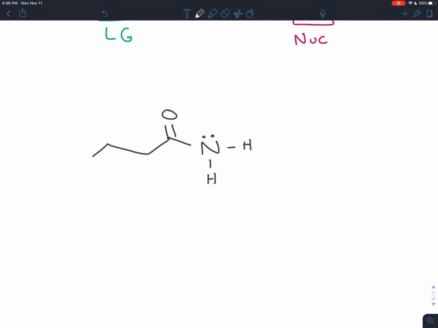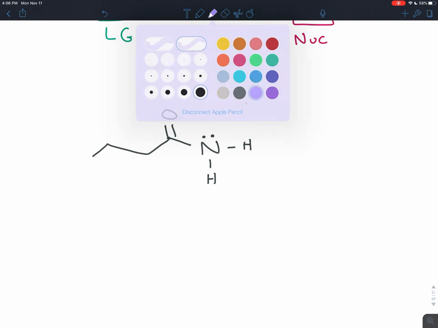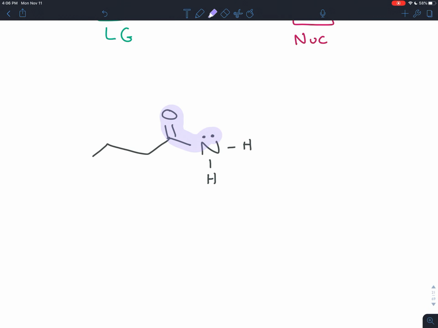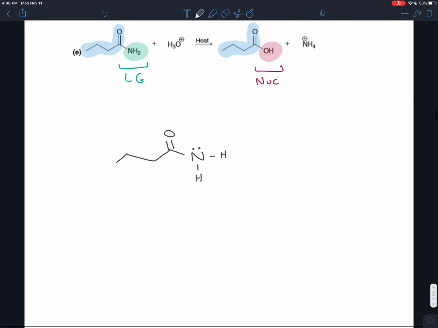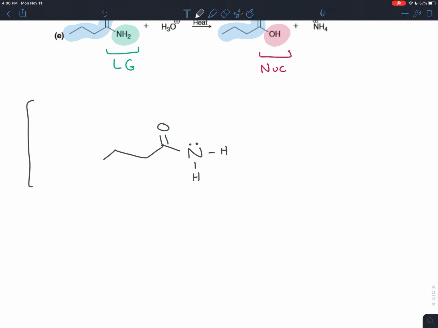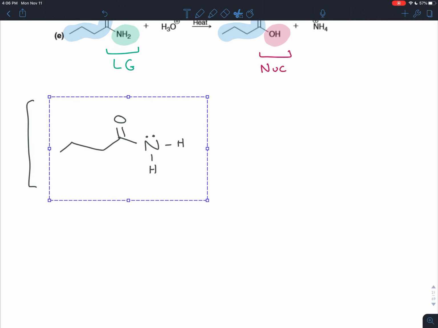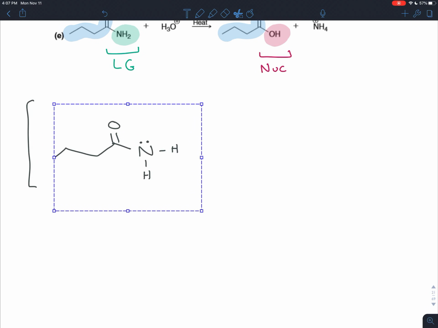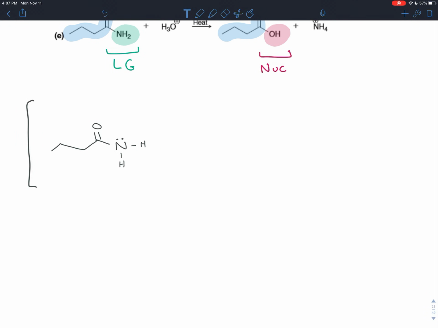So it has a lone pair here, and you'll notice that that lone pair is allylic to the pi bond. And so this is actually just one of the resonance structures that this molecule could exist in. So you could imagine having a sort of bracket where you warn everybody, hey, this structure isn't quite right. The true structure is the average of all the structures in these brackets. And you would draw a resonance arrow that tells you to take the average.